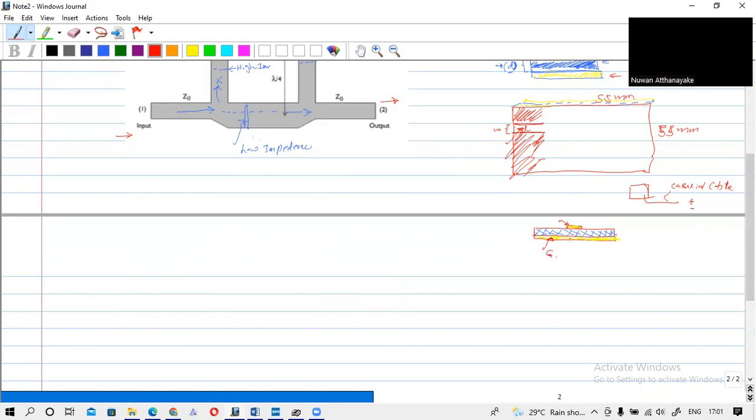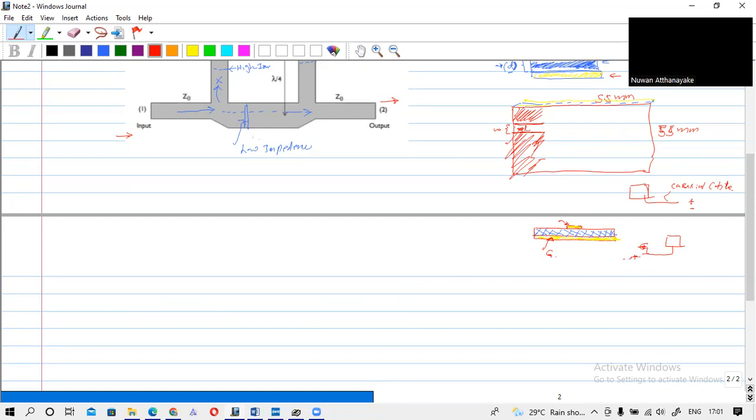If you want to feed any signal to this transmission line, if you have a signal generator, you can get the signal generator output. Here you have a ground conductor and the live conductor.